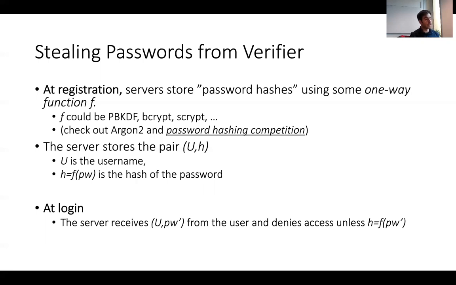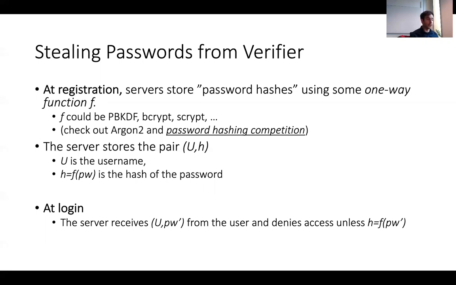Therefore, the servers or the verifier side should not store the password itself, but should store some function of the password. In particular, the servers typically store the hash of the password. We already discussed hash functions in the chapter on authenticity. If you need a refresher on that, please go back.